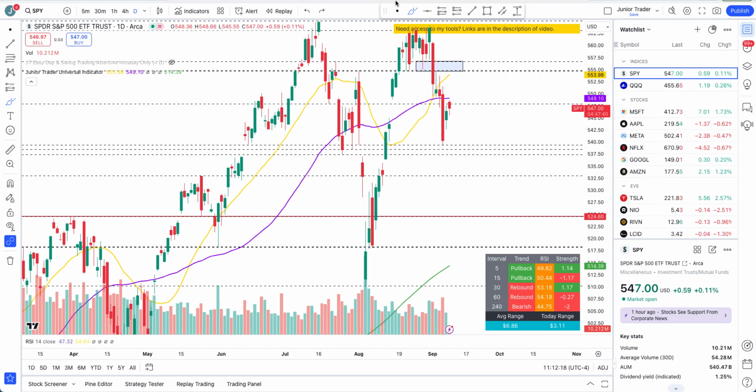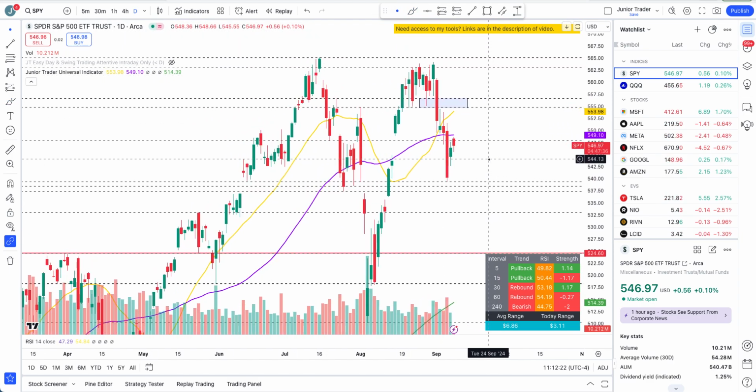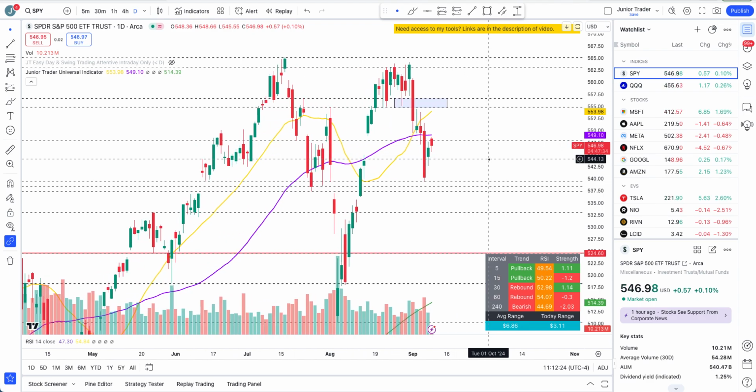We are still in the negative structure. I would like to see more pivots for it to come out of first, but we are still selling off just around that level of 547.94.